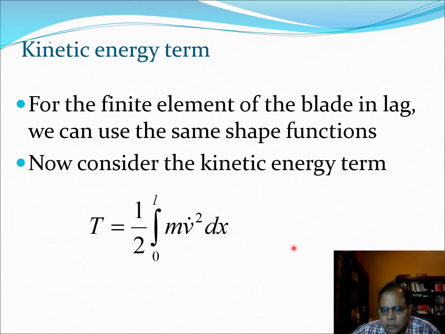So now let us think about the FEM formulation, and let us look at the kinetic energy term. The kinetic energy term is going to be T is half integral 0 to L m v dot square dx, where I'm looking at an element of length L. Now if we use the same shape functions, and there is no reason to change the shape function here, we are still talking of a beam type of situation, we are going to get the same T, and we may end up with the same mass matrix.